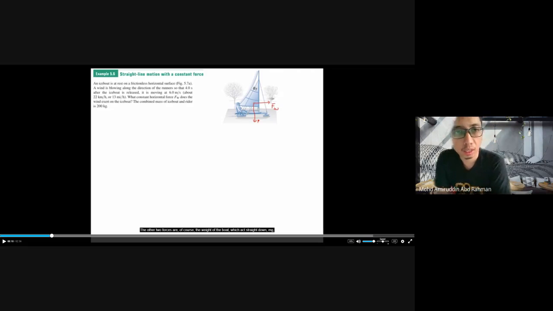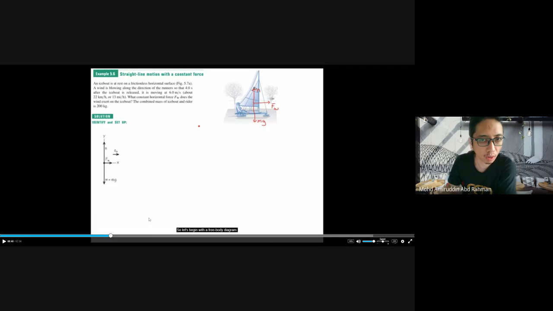So Fw is to the right, because we have the force of the wind, so that moves the boat forward. And then we also have the normal force and also the weight force, so the weight is equal to mg.